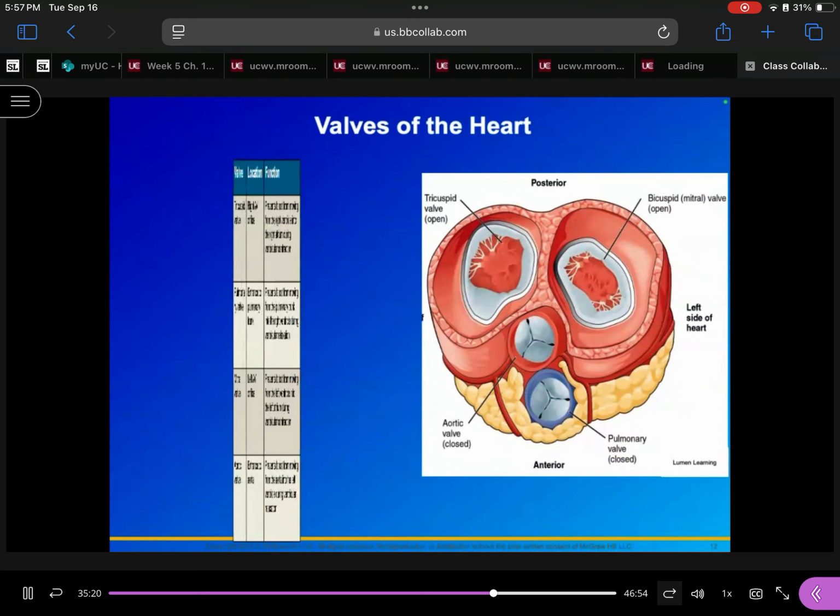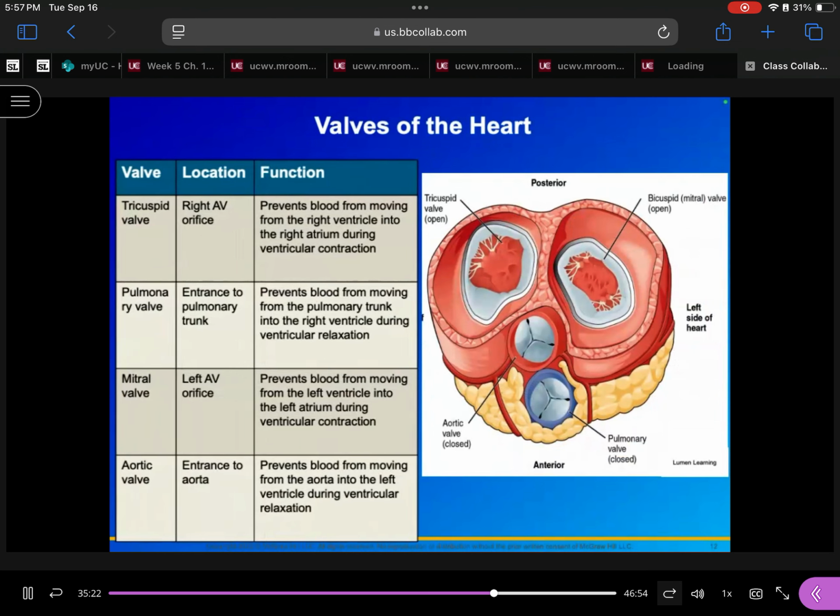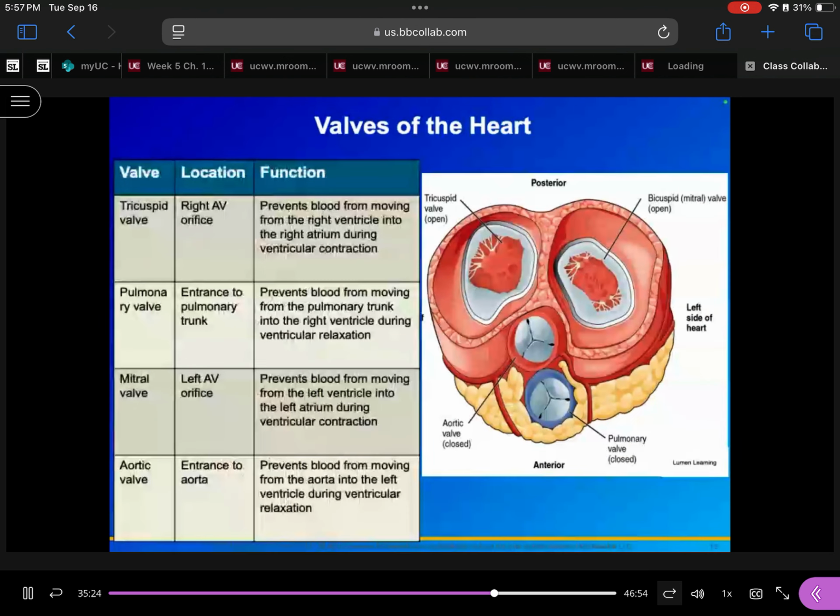All right. This is just another diagram, and I gave you a chart looking at each one of the valves and their purposes. So just as review, the tricuspid valve is going to be preventing blood from moving back up from the right ventricle into the right atrium during ventricular contraction. Same thing with regard to our left side with the mitral valve and moving back into the left atrium.